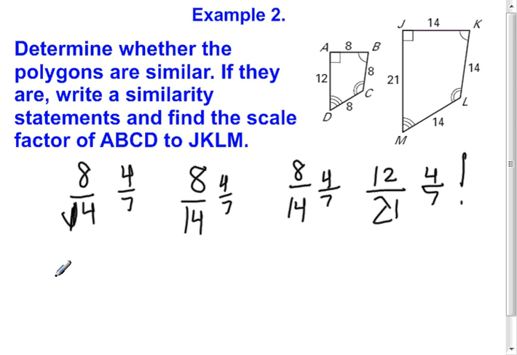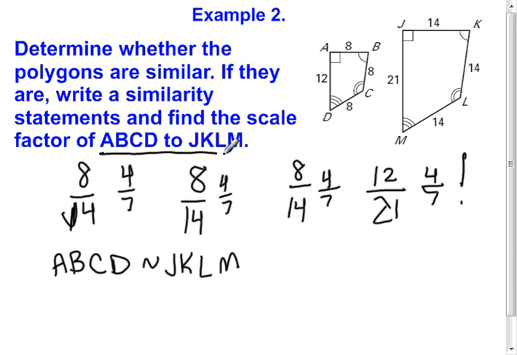So be careful with their order here. It looks like ABCD is similar to JKLM. And now find the scale factor of ABCD to JKLM. So that would be 8 to 14.